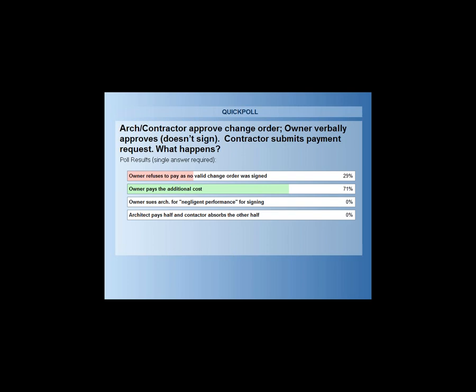Additionally, Michael Seitz indicated that he would recommend the architect sign the change order last, after the contractor and owner have signed. That way you can always at least cover your own point of view on things. And additional comments here indicating the owner is required to pay the amount certified by the architect. The owner may then file for dispute resolution.